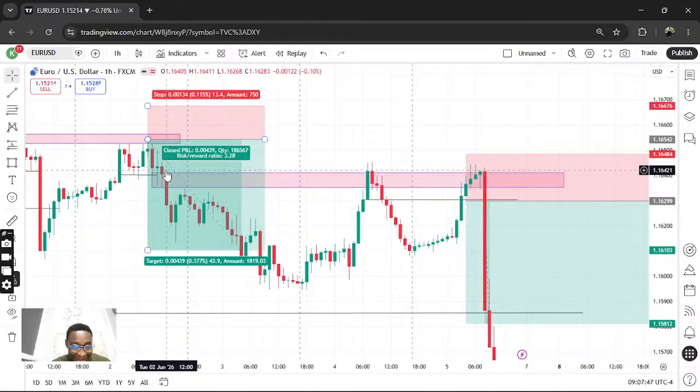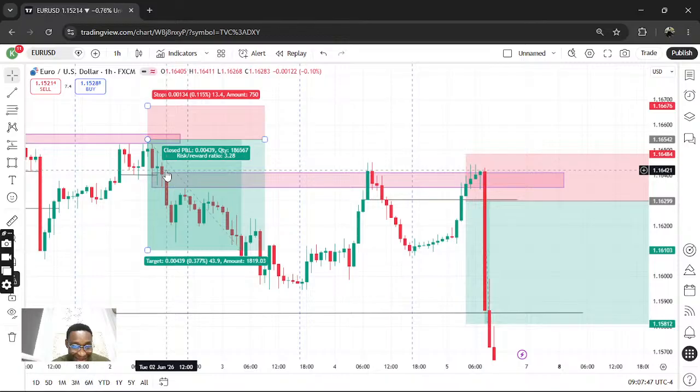Then on Friday, that was yesterday, what happened? Market, first of all, because any day, if you know about candle, the accumulation, manipulation, and distribution, when you know the direction of the market, the first thing you expect when the candle opens every day is the accumulation of that particular candle.